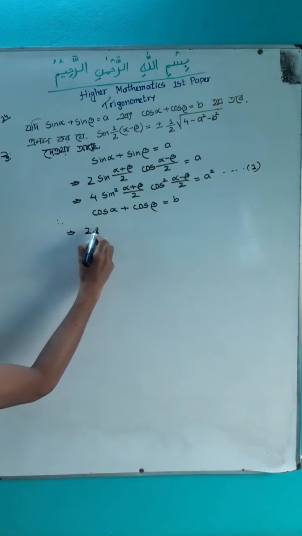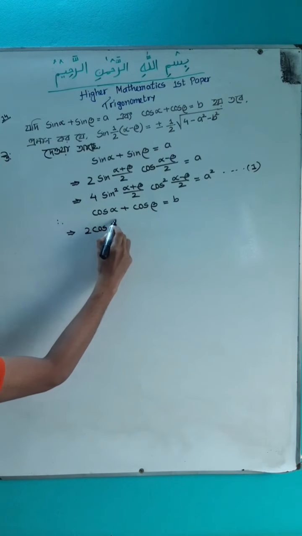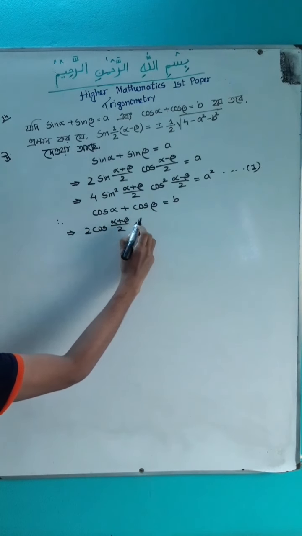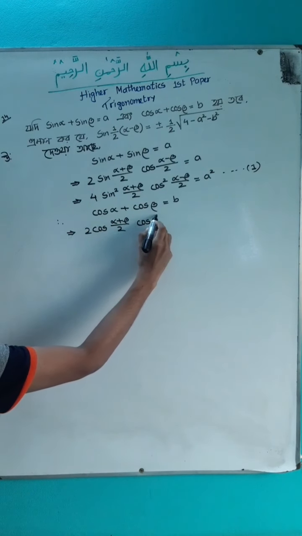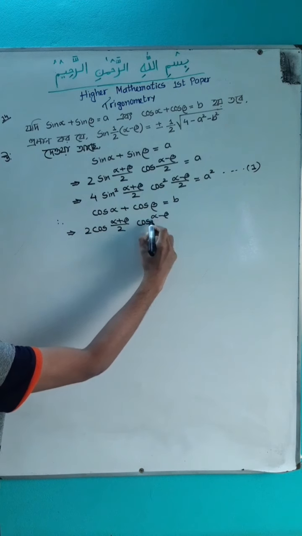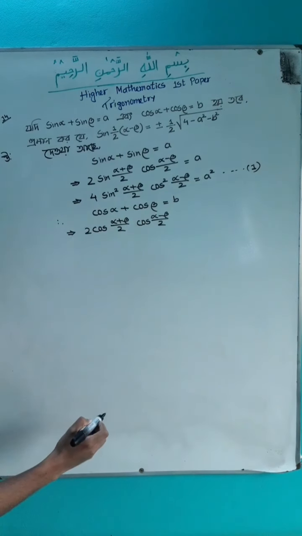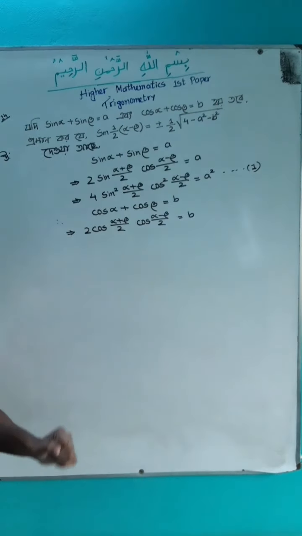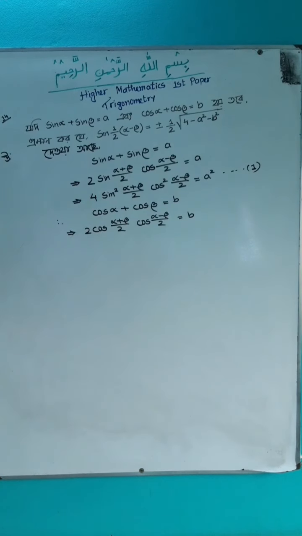So we can write 2 cos (alpha plus beta) divided by 2 cos (alpha minus beta) divided by 2 equals B. Now, the next thing we need to do is to square both sides.